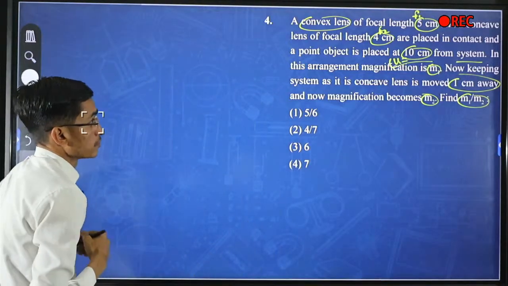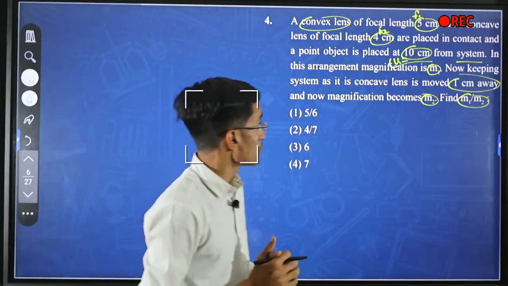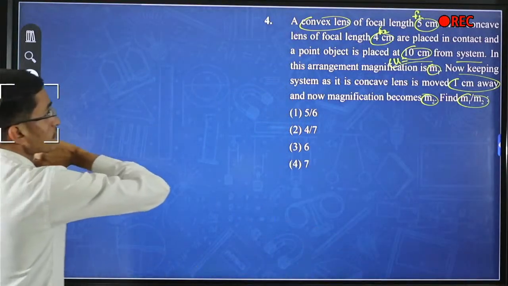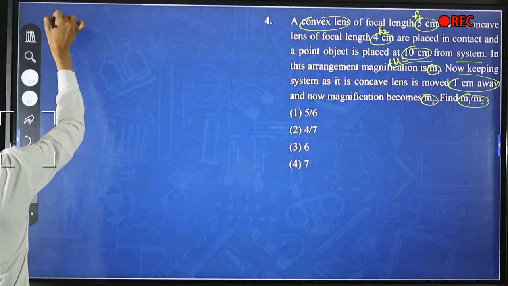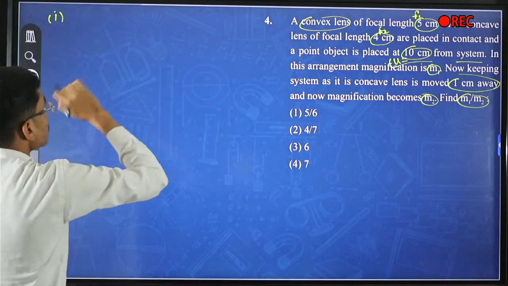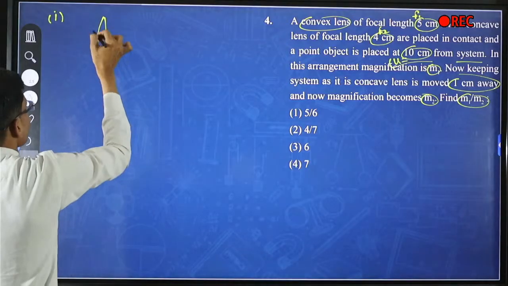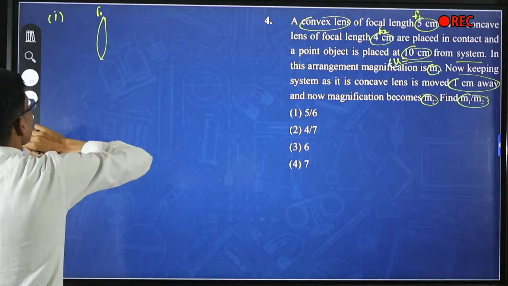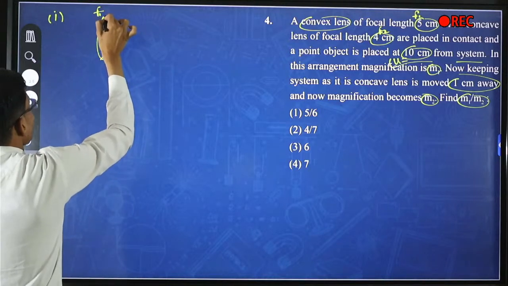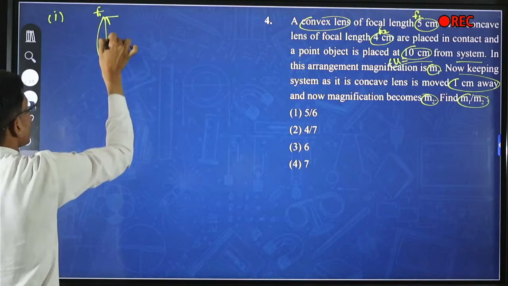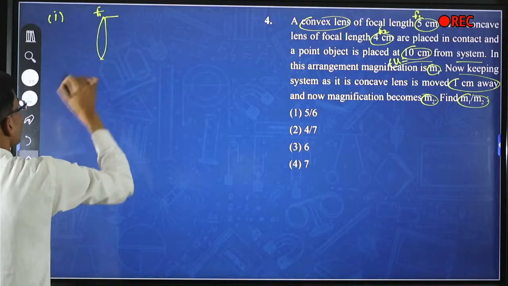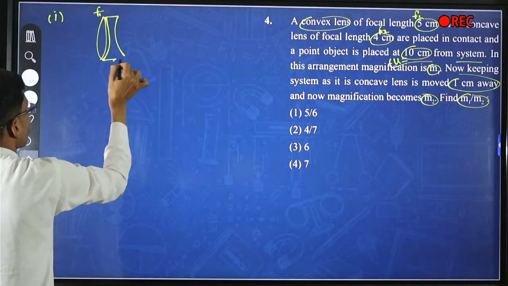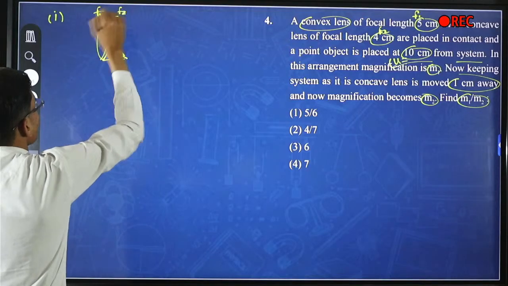Okay, this question looks a little lengthy, so let us calculate one by one. So in condition 1, there is a convex lens of focal length f1 and another lens of focal length f2, a concave lens.